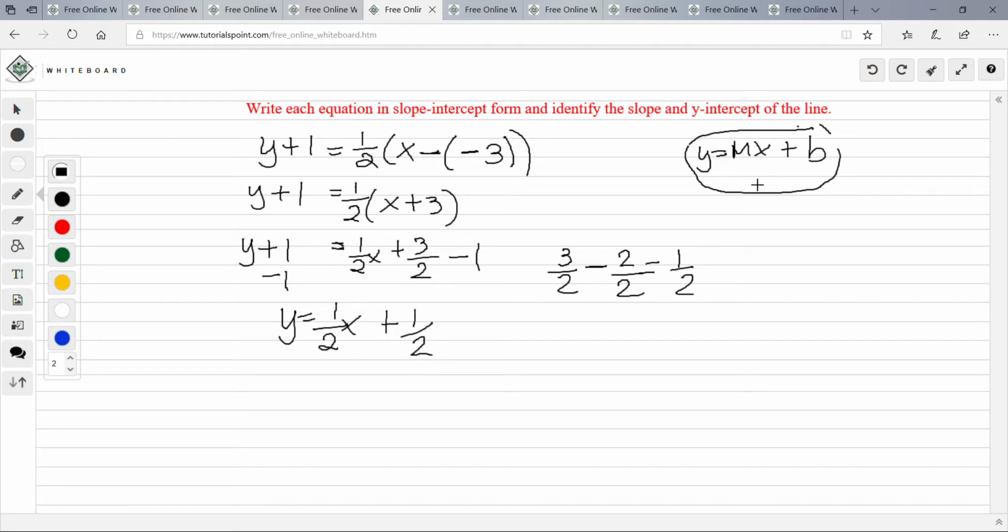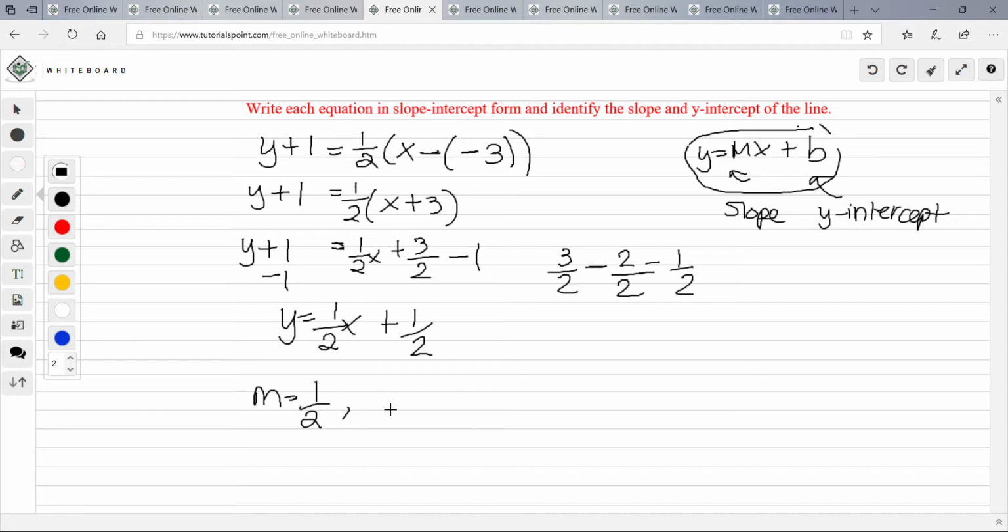And remember from this form, this m is our slope and b is our y-intercept. Right, so from looking at this, what do you think our slope is? Our m is always with the x, right? So our m is just going to be 1/2, not 1/2 x, it's just 1/2.